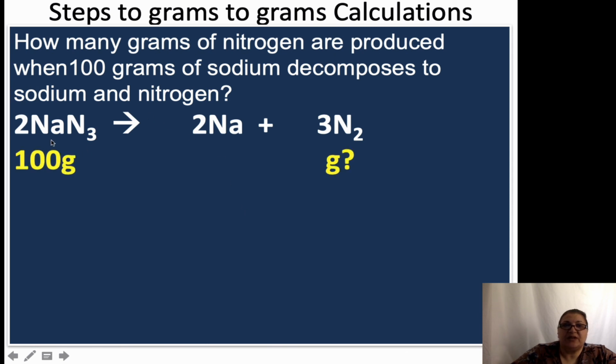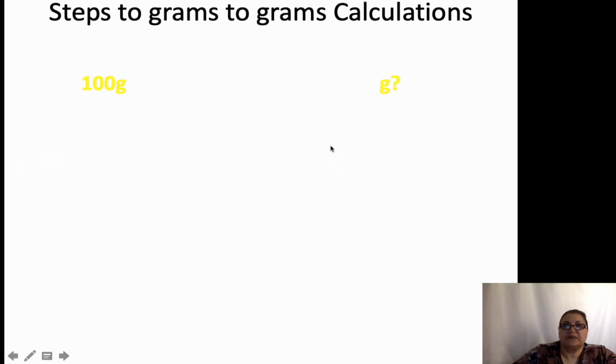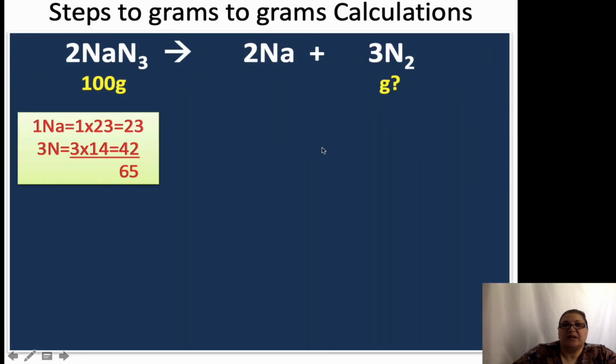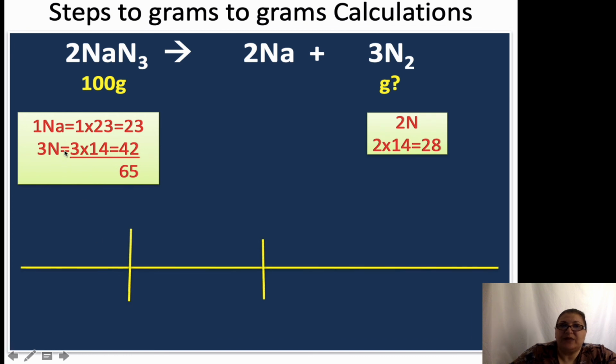we put 100 grams under sodium nitride, and then question marks under nitrogen. So we find the molar mass for both of them actually. For the sodium nitride, 1 sodium and 3 nitrogens, and we add them all up.